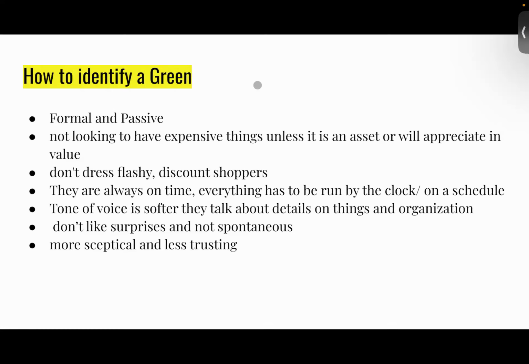They're not looking to have expensive things unless it is an asset or it will appreciate in value, unless they're looking to buy into gold, silver, real estate, land, Bitcoin, things like that. They're not going to buy all the flashy stuff, like a Redwood or a Bluewood.